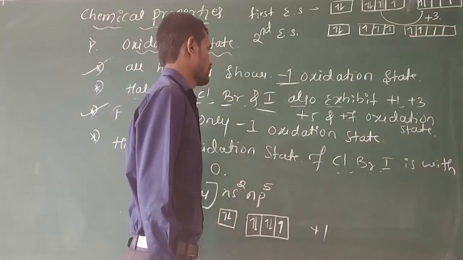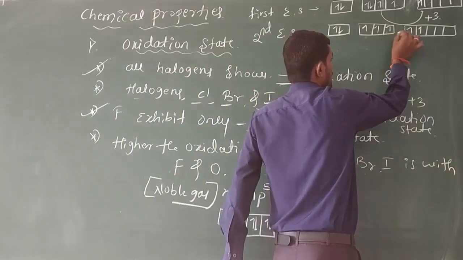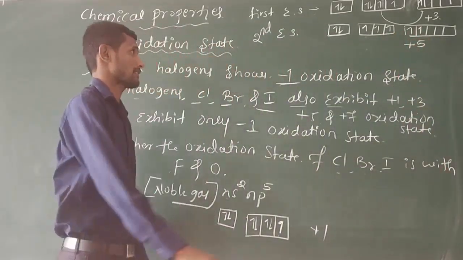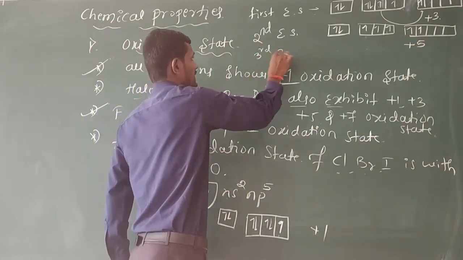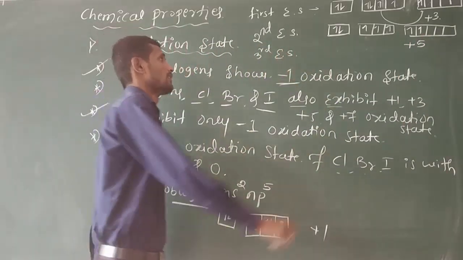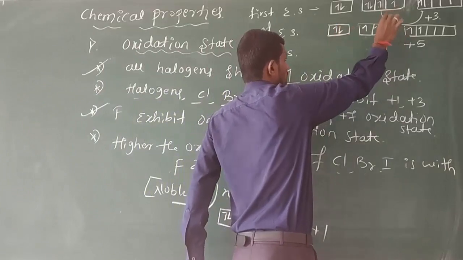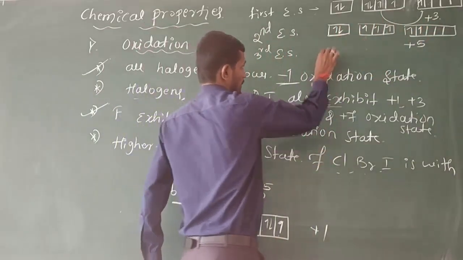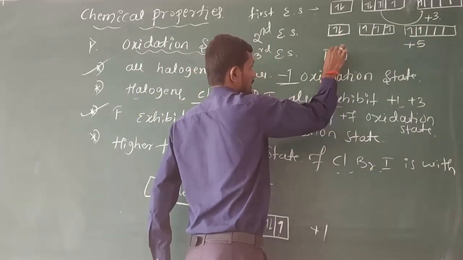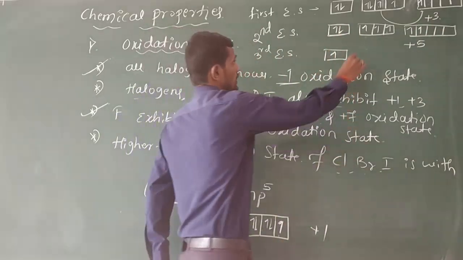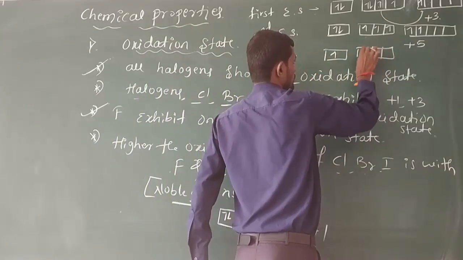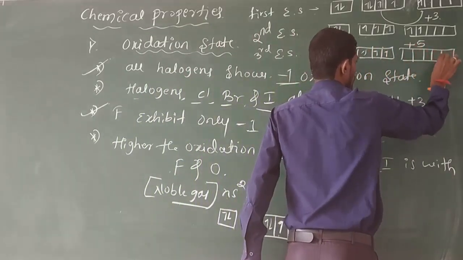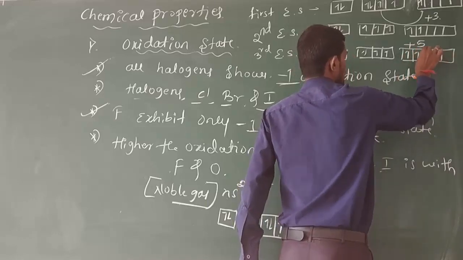Okay. Therefore, here how many unpaired electrons are present? 5 unpaired electrons are present. Next, in the third excitation state, this ns orbital electron is migrated to another orbital, the p orbital. Here I write only 1 electron, and here 3 electrons, 1, 2, 3, and also among 5 d orbitals, 3 orbitals.